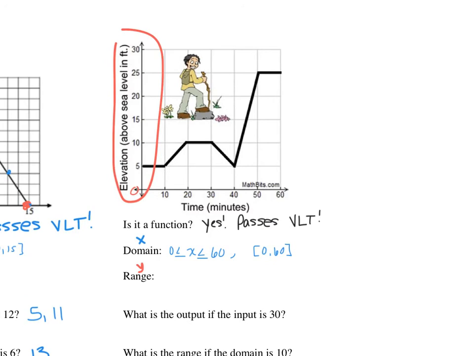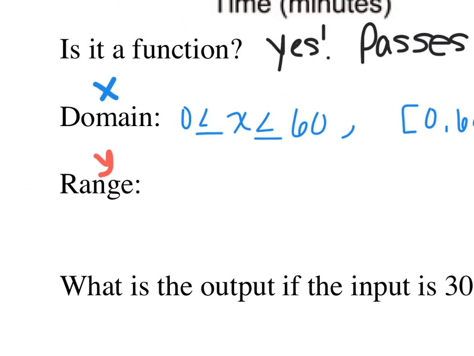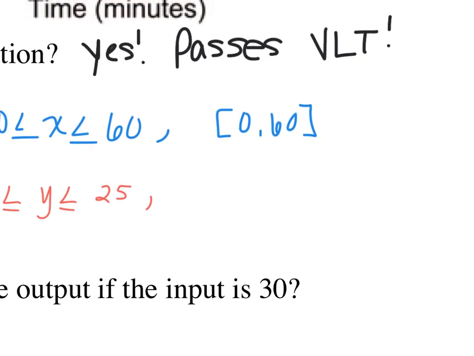So my lowest is 5, and my highest is 25. So I can say my range is 5 is less than or equal to y is less than or equal to 25. And if I wanted to, I can write that in interval notation as well and do 5 to 25 and put brackets around them.